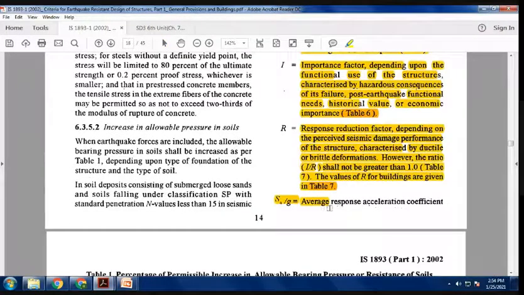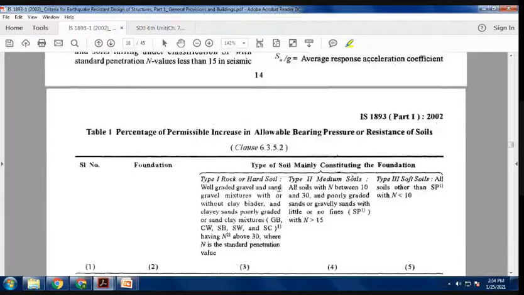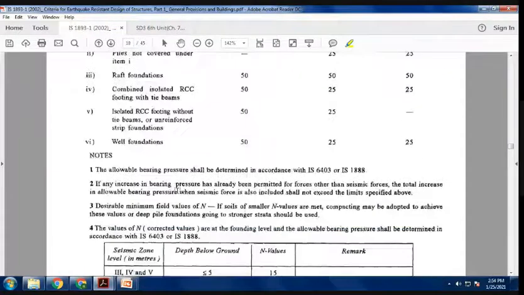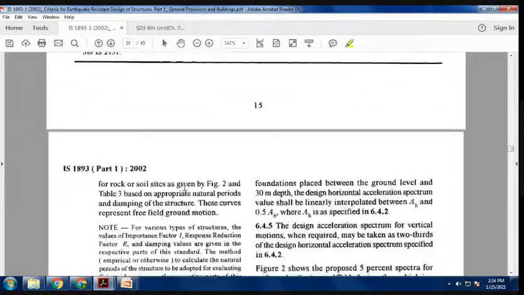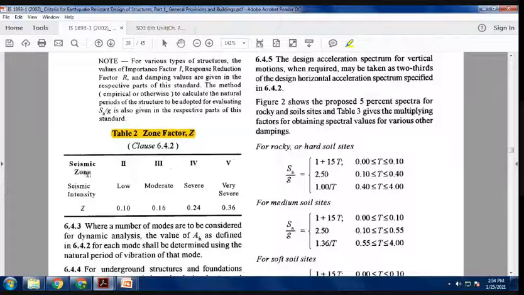Sa by g is the average response acceleration coefficient. From table number 2 we directly get the seismic factor or zone factor.